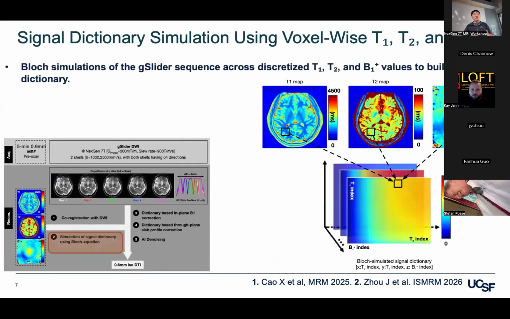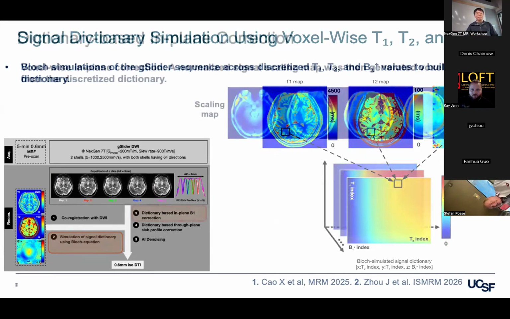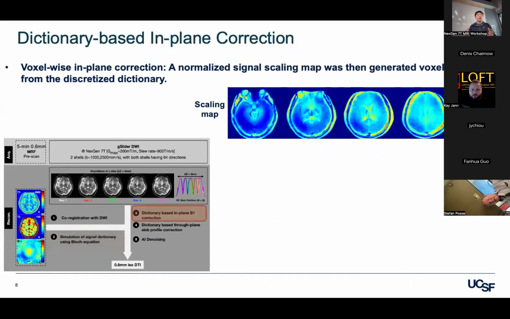Let's discuss these steps in more detail. After aligning the quantitative T1, T2, and B1 plus maps to the diffusion data, we perform a Bloch simulation of the gSlider sequence across different T1, T2, and B1 values to build a signal dictionary. After building the dictionary, we can generate a normalized signal scaling map, voxel by voxel, from the dictionary to correct the in-plane B1 inhomogeneity.